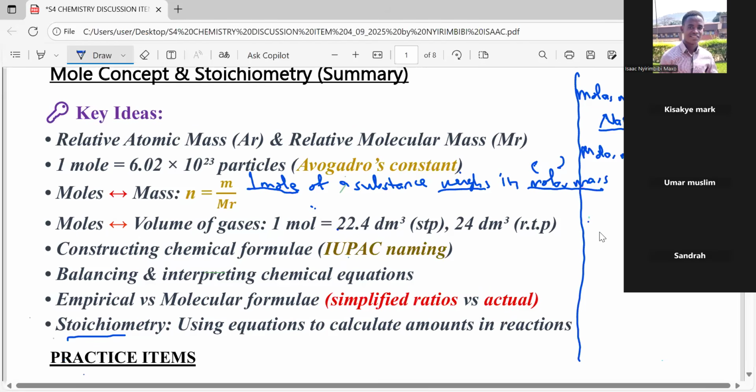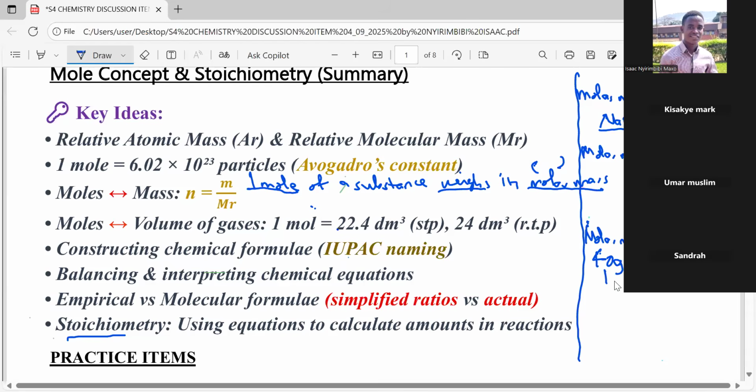So the molar mass of sodium hydroxide, which is 40, is 40 grams. This is molar mass, it has units. 40 grams of sodium hydroxide contains 1 mole.